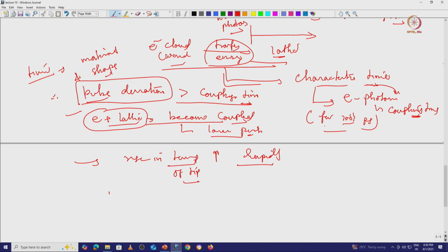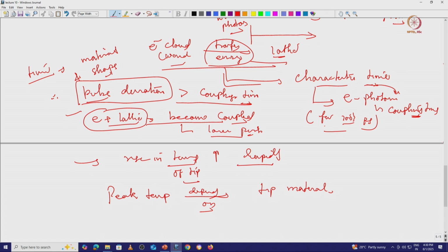And the peak temperature which can be attained depends on the tip material. We'll describe the peak temperature later.